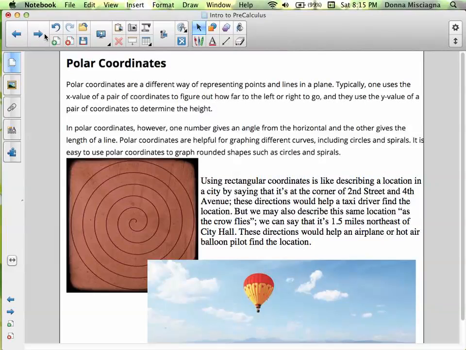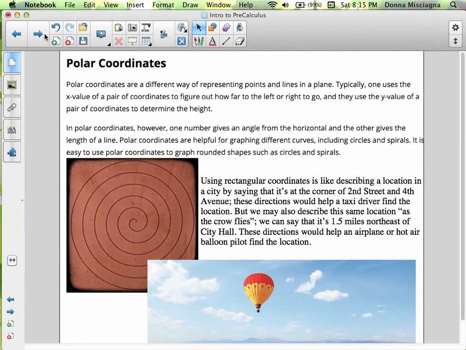Polar coordinates. So this will be a new concept for you. Polar coordinates are a different way of representing points and lines in a plane. Typically, one uses the x value of a pair of coordinates to figure out how far to the left or right to go, and then uses the y value of a pair of coordinates to determine the height.